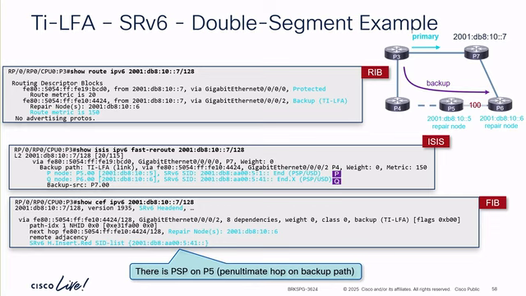So finally, when you look at CEF, you will see that this is what we push as destination IPv6 address in the IPv6 header. And even though it's double segment, I would have expected 2 IPv6 addresses, but in reality it's just 1, because here you have the 2 segments.